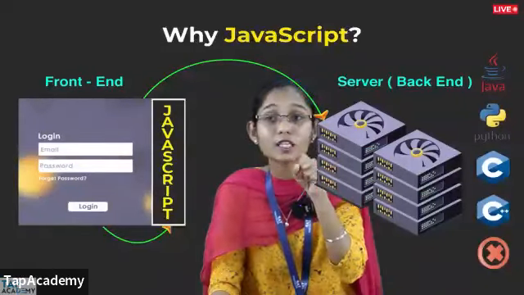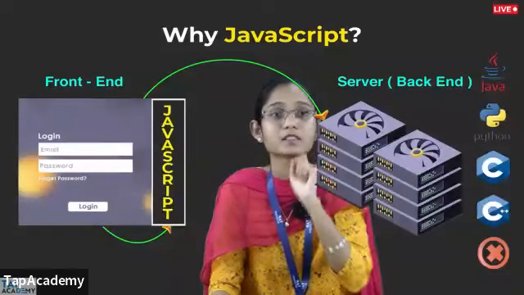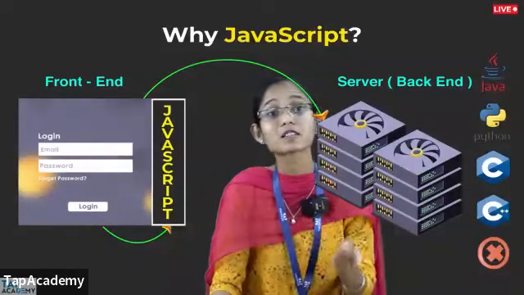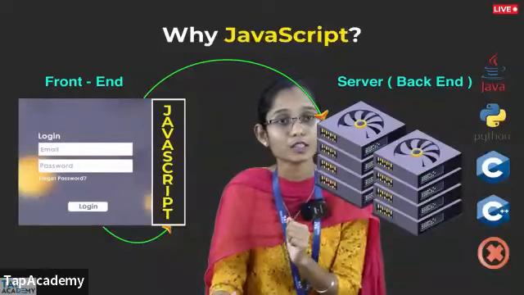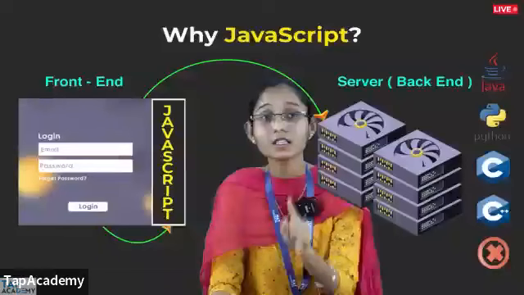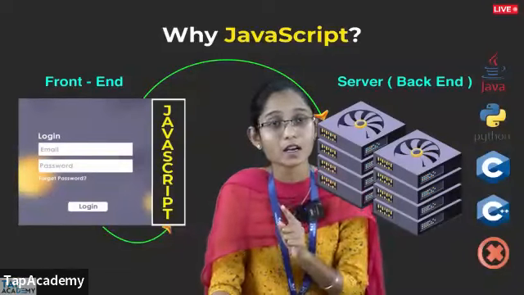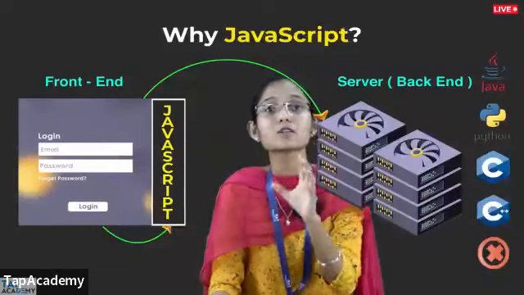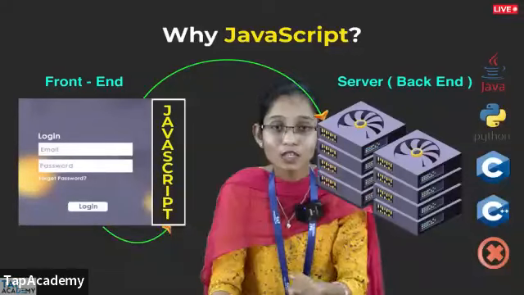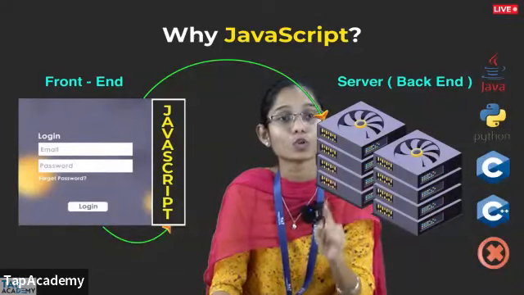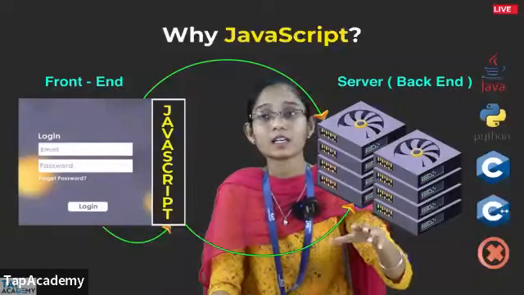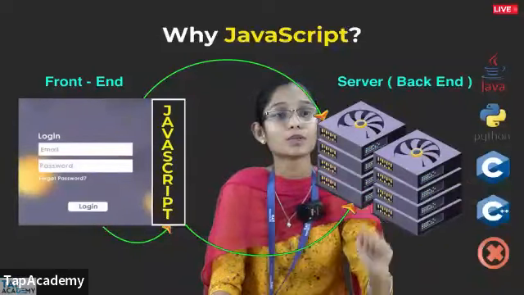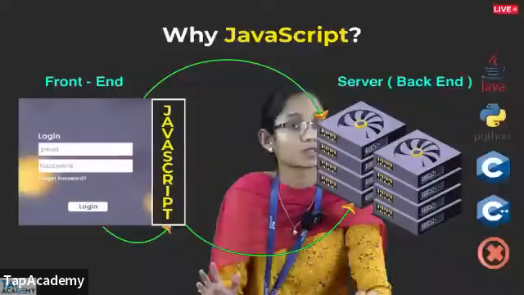Every computation part will be done by the JavaScript, and JavaScript will send it back to you in the front end only. Once all the data is completed, once every piece of data is proper, then only the server will be invoked in the backend, and finally it will be stored in the database.